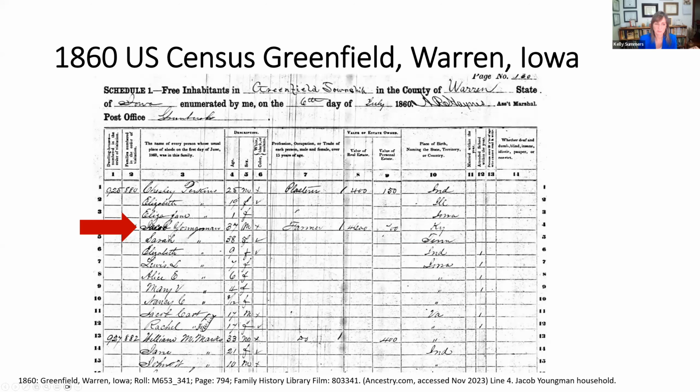It is possible that Sarah died, maybe in childbirth or some other sickness or other reason, and leaving all of these young children, Jacob needed to find a way to provide for them and somebody to care for them. And it would have made logical sense that he married the person that was already caring for them.